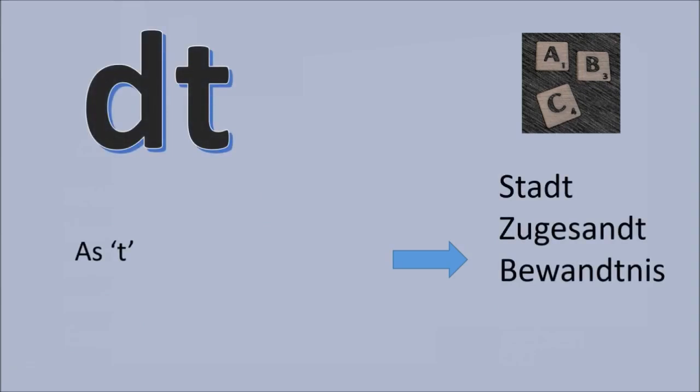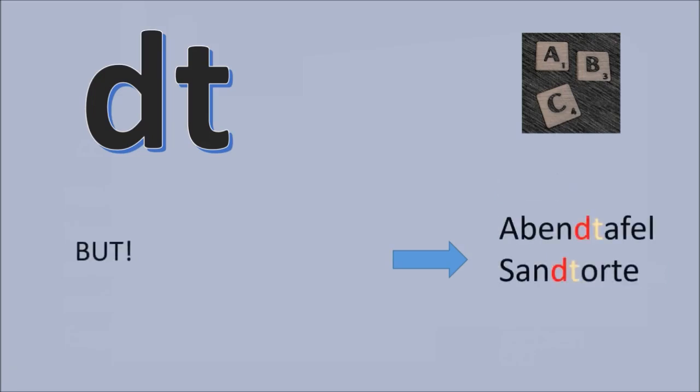Sometimes you see words with a DT, and that's always pronounced like a T. So Stadt, zugesandt, Bewandtnis. But sometimes you find a DT inside a word, but it actually only happened because it's a compound word.